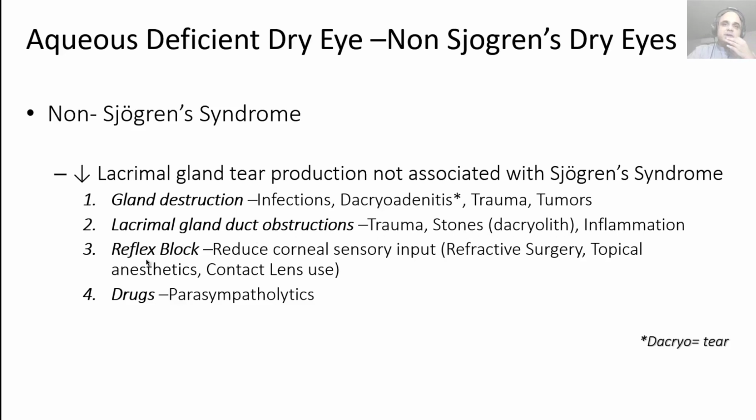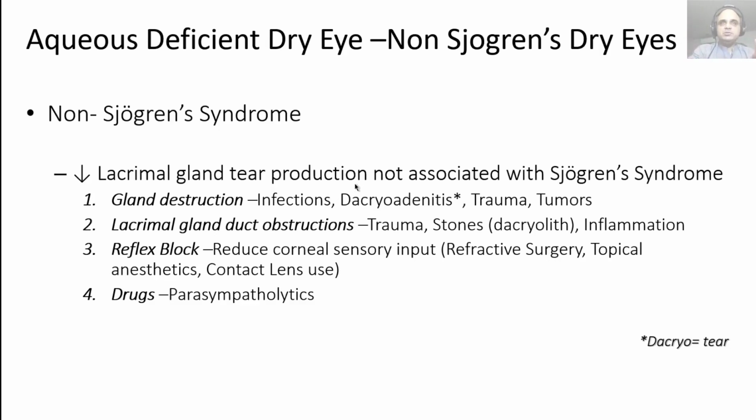A reflex block is very interesting, which is that your cornea is no longer sending the sensory input to produce tears. Remember, you need an input in order to have an output from the central nervous system. So unless the cornea is sending signals for the tears to be produced, they will not be produced, or the quality or the quantity would be reduced.